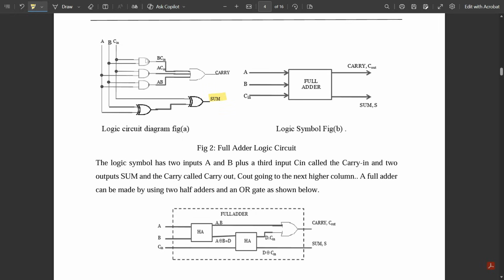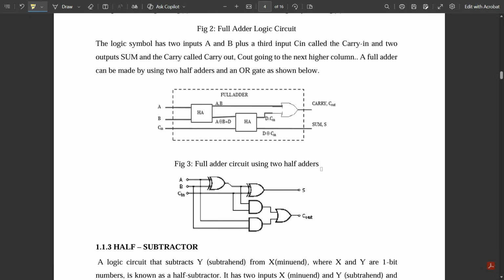And for carry, again the three inputs you take here: B Cin, A B, A Cin. All these three are added up together, and the outputs are given to the OR gate because they are getting added up. So that's why this is the carry expression. So in this way, the logic circuit is designed for a full adder, and this is the block diagram.